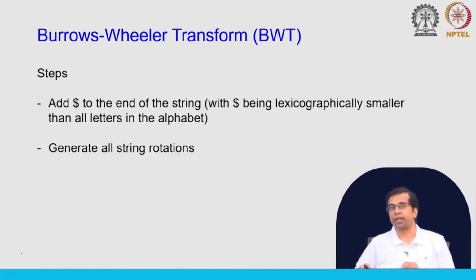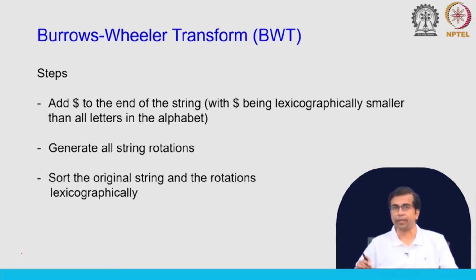Then what we do is something called string rotations. We generate all possible string rotations from the reference sequence. We will see how this works in a moment with an example. Once we have generated these string rotations of the original reference sequence, we sort the original string and its rotations lexicographically. We have seen lexicographical sorting in the case of the suffix array, so here is a similar idea.